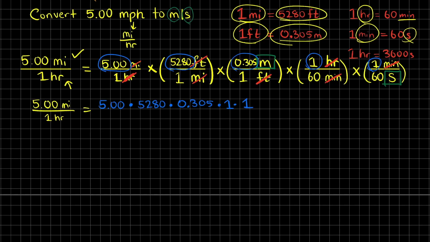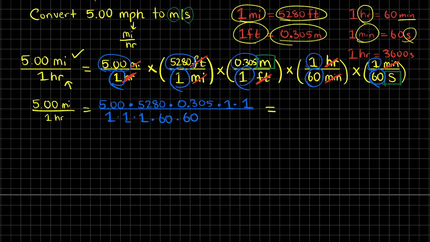All the numbers in the numerator are multiplied together in the numerator, followed by all the numbers in the denominator multiplied together. Here I see 1, 1, 1. So on the bottom, I'm going to get 1 times 1 times 1 multiplied by 60 multiplied by a final 60. The rest of the job is for your calculator.